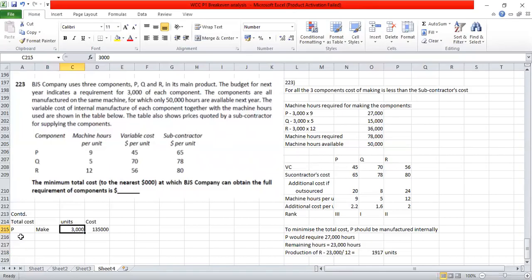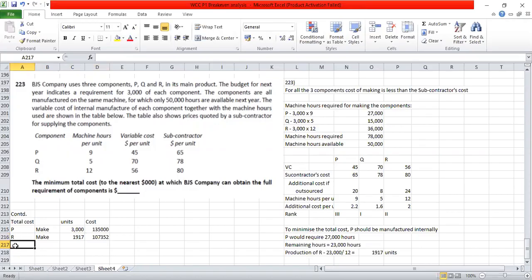Then R is also partly made. R will be both make and buy. Making is only 1,917. So to make 1,917 units, 1,917 into the variable cost of R, which is 56.